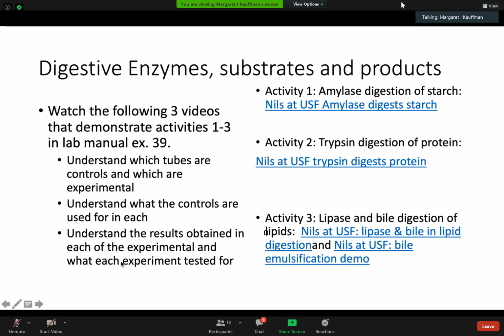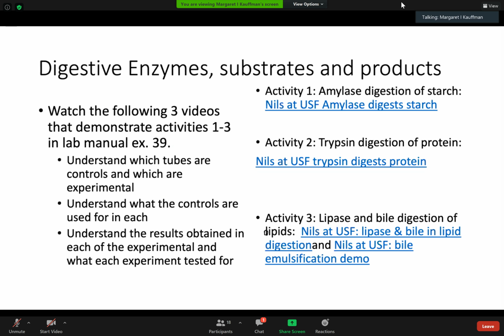So here's what you should be focusing on. And we'll talk about these things next Tuesday. So there are controls that are set up, and we'll talk about why you have them and what the various types of experiments are experimenting for.